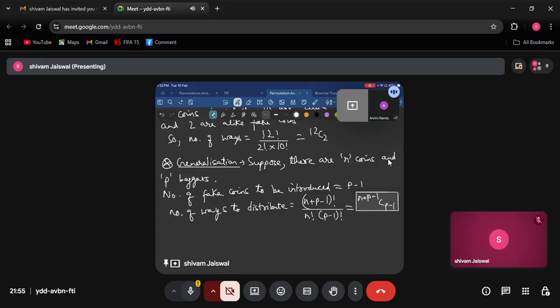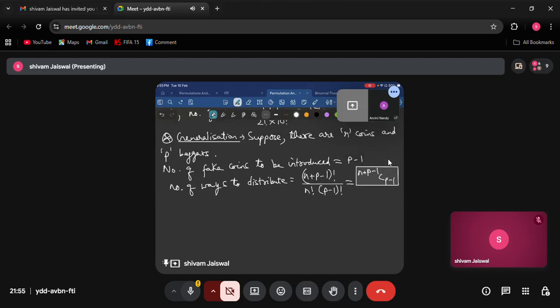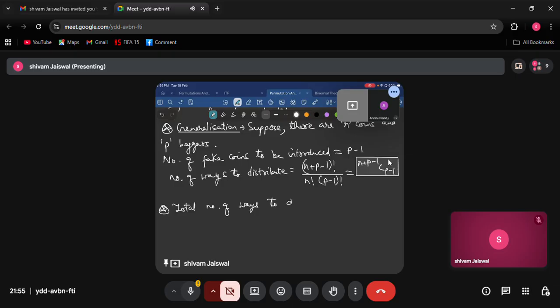Okay. Next. Everyone, there is a theorem. Total number of ways to distribute n identical coins to p persons such that each receives at least one.